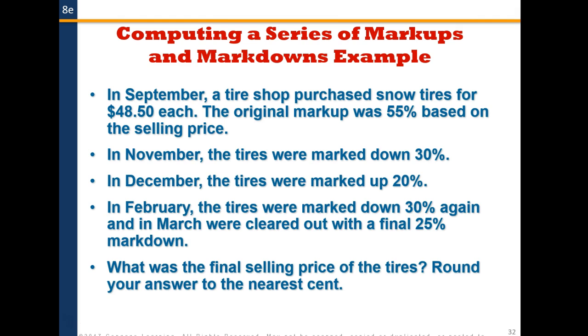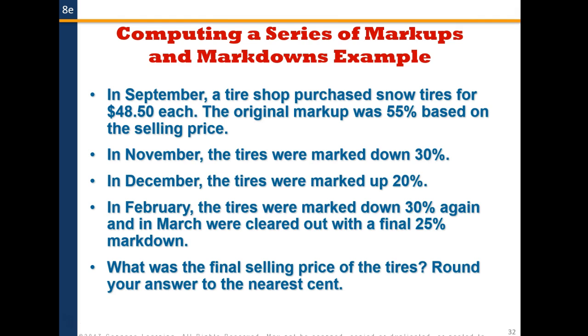As with the others, we are going to learn through real-world examples and apply what we're learning right away. So in this example, we will work through all of the markups and markdowns. In September, a tire shop purchased snow tires for $48.50 each. The original markup was 55% based on the selling price. In November, they were marked down 30%. In December, they went back up 20%.